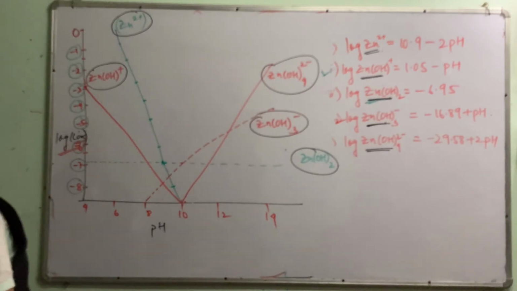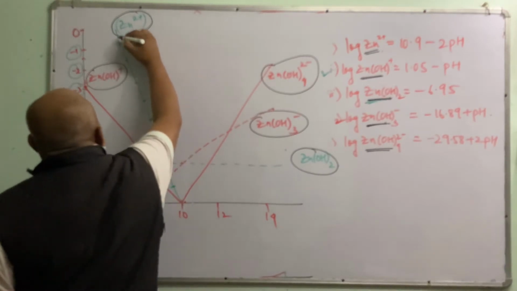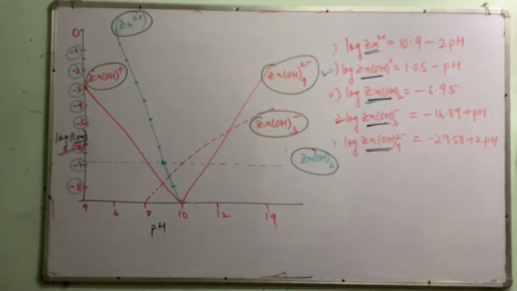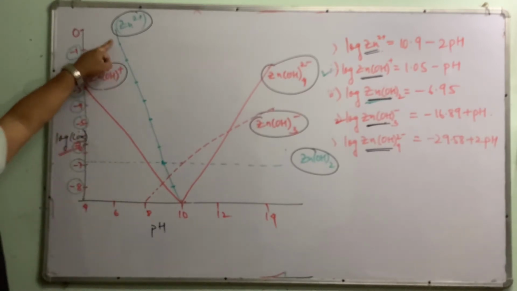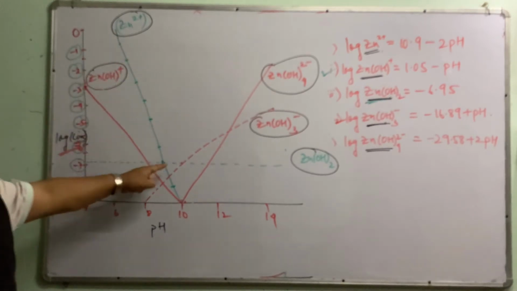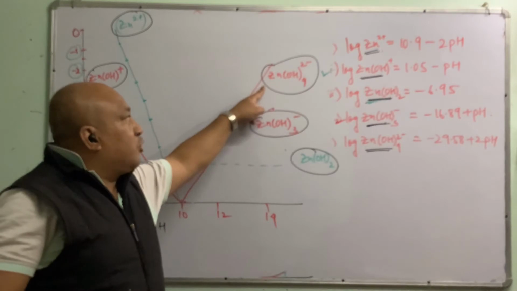Now, listen over here. The final plot will be, see, look over here. This is a graph for ZnOH plus at different pH. This is a graph for Zn2 plus. This is a graph for Zn(OH)3 minus. This is a graph for Zn(OH)4 2 minus.